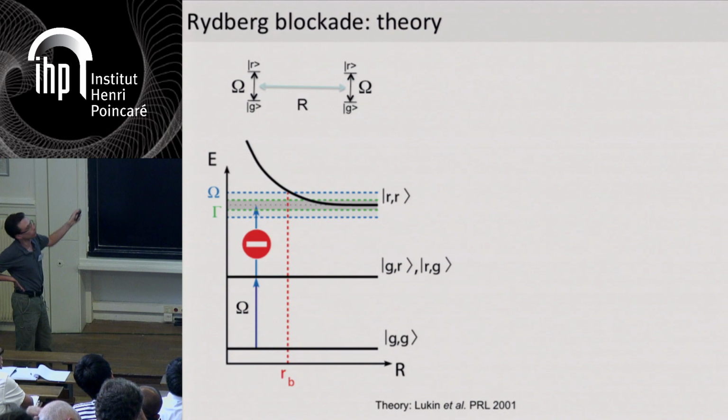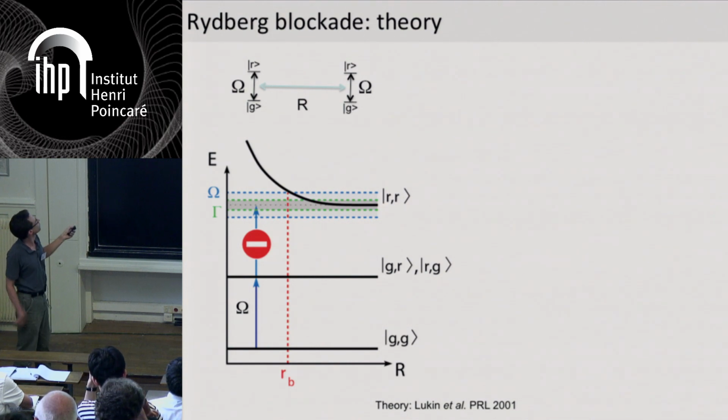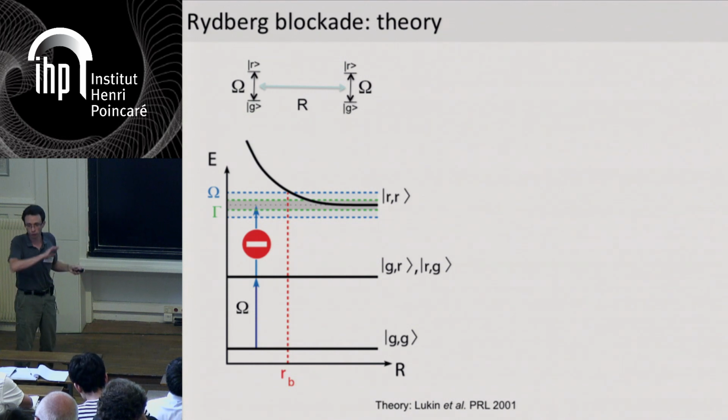But as the atoms get closer and closer, the doubly excited state moves away from resonance with the laser. And at some point, if you start from the ground states, which we'll do in the experiment, it is safe to neglect the doubly excited state. So you can remove it completely from your Hilbert space.